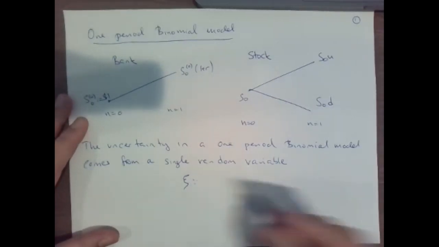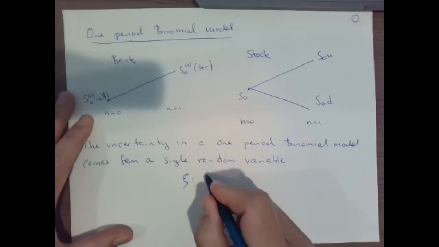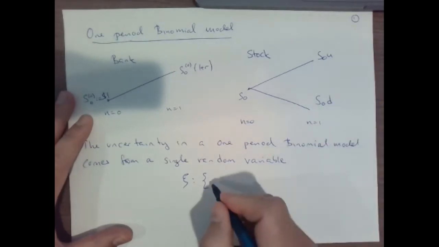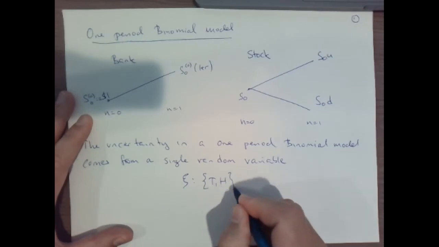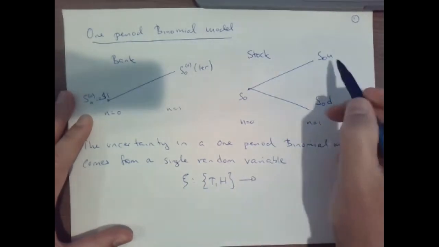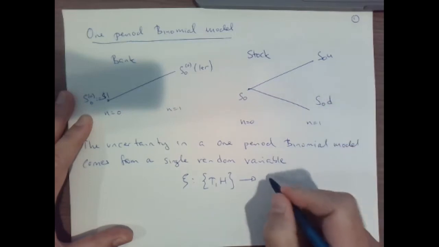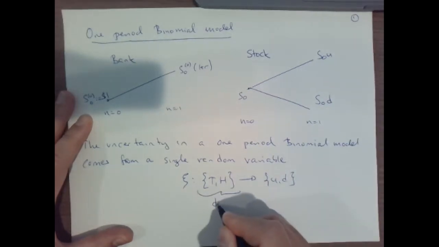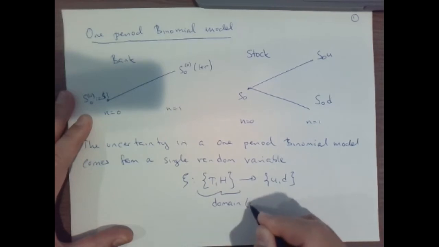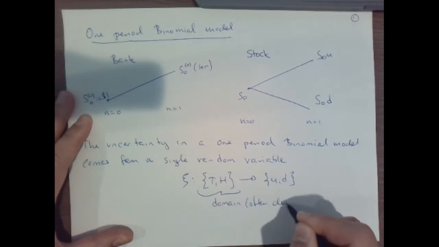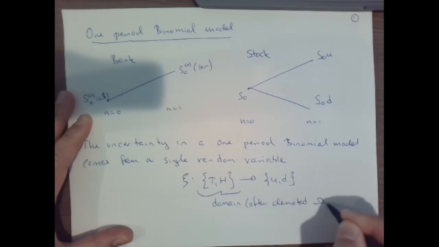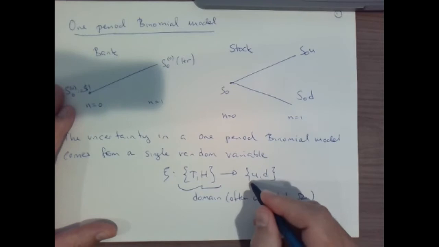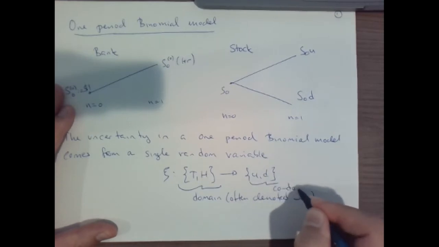Psi is a random variable that goes from a sample space, say heads and tails, and takes values that are either U or D. The domain is often denoted by omega, and this here is the codomain.